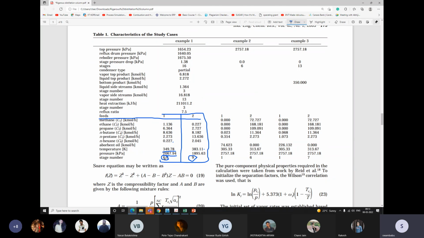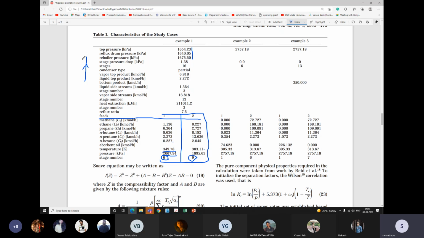Feed 1 is entering at tray 6 and feed 2 at tray 9. Now the top pressure, reflux drum pressure, and reboiler pressure are all given. The reboiler pressure is always higher than the top pressure because the vapor has to move from bottom to top.